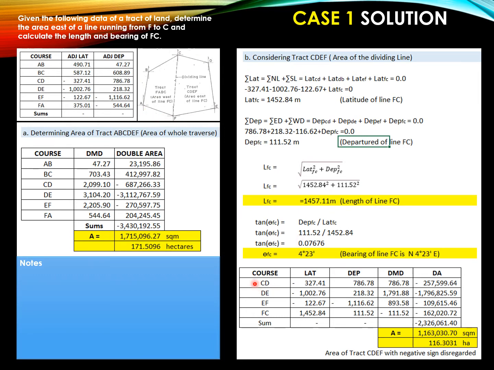CD, DE, EF are given. The only different one is FC. FC, we computed this, 1,452, and this 111.52, we computed that already. So it's easy: DMD, then DA, we get the sum, and after that, this is the answer.